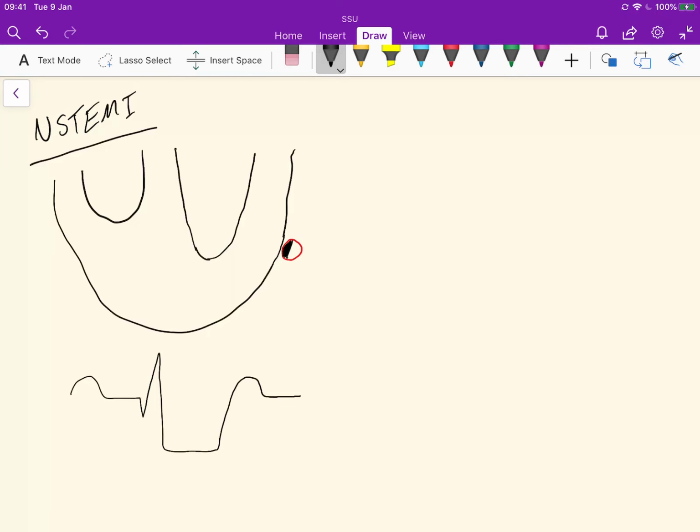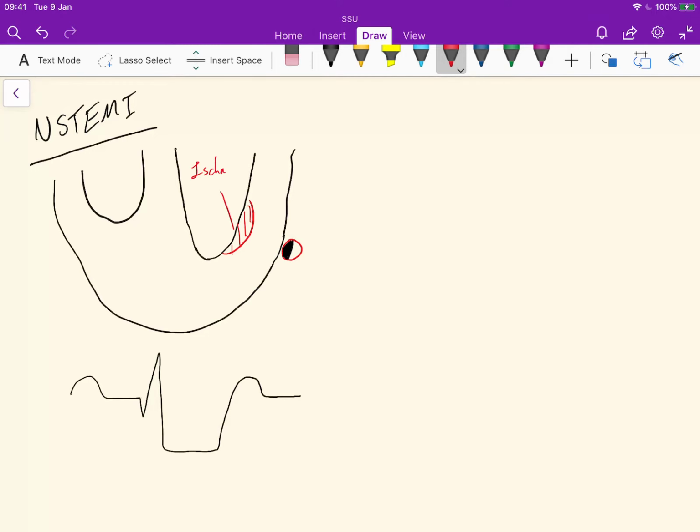When their heart suddenly needs to start beating faster to supply the body's demands, it itself needs more oxygen, and because of the occlusion, not enough oxygen can get to those tissues. So you get ischemia, and it's pretty much always going to be subendocardial ischemia, which I'll illustrate with that red dashed area.